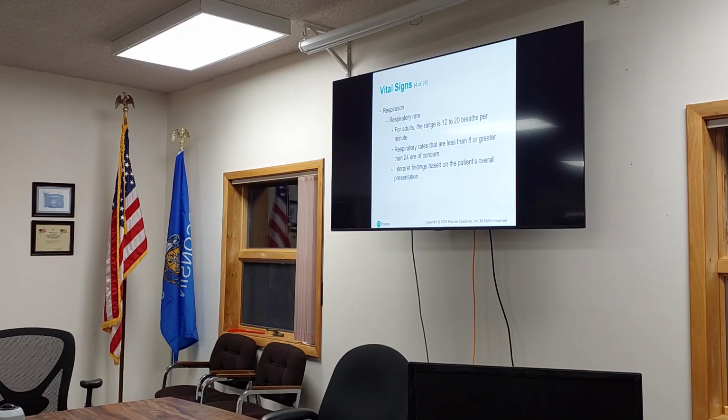Obviously if they're in pain or nervous, you might breathe a little bit faster, but I don't like those numbers, and this is based off my experience. Most respiratory rates that we see on the ambulance are closer to 12 to maybe 16, maybe 18. We start to see respiratory rates getting to 20, and especially when they hit 22, that can be clinically concerning.